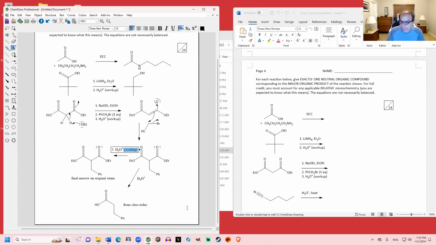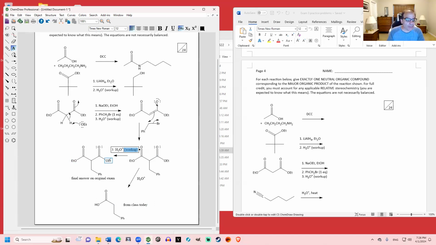You'll just do a very careful neutralization and isolate the diester. If it does not mention workup, then the acid will hydrolyze both esters, decarboxylate, and the enol will tautomerize to the keto form. So this is what we talked about in class today. So that's the difference between those two.